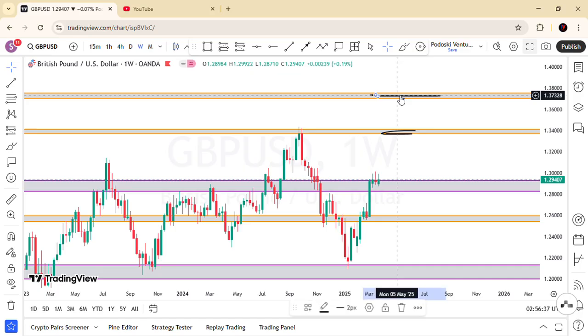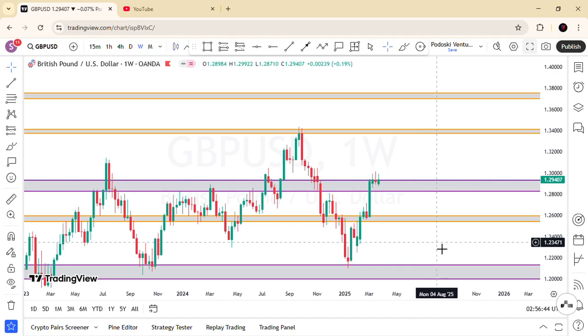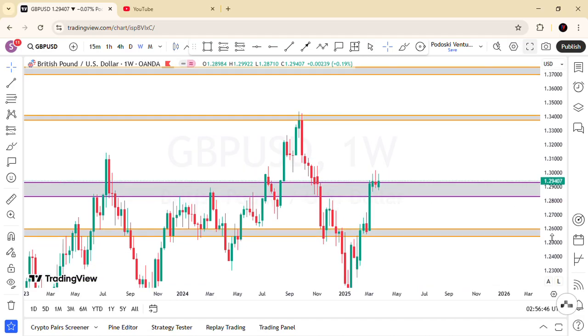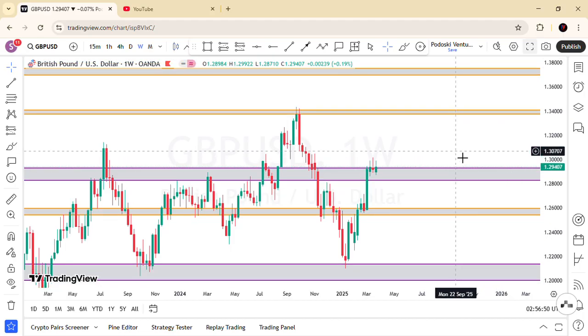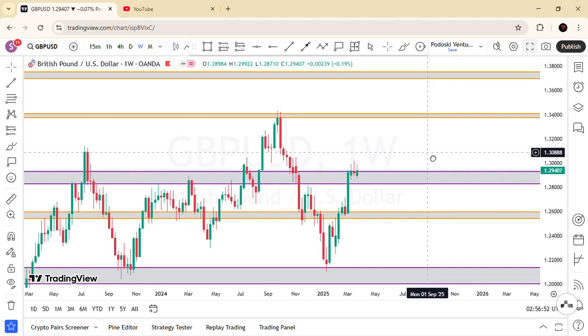So on the weekly time frame, what are we seeing? We are seeing an uptrend, just like we saw on the monthly time frame. Why?